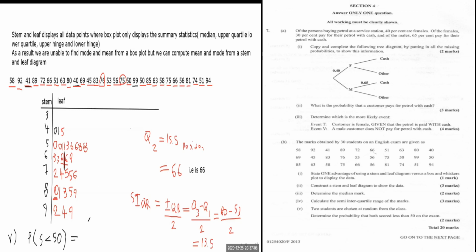There are 3 students that scored less than 50. So the probability that the score is less than 50 is 3 out of 50. That's the probability of a student's score being less than 50.